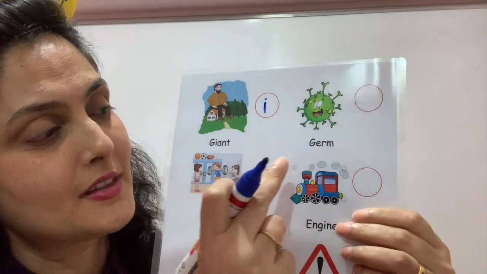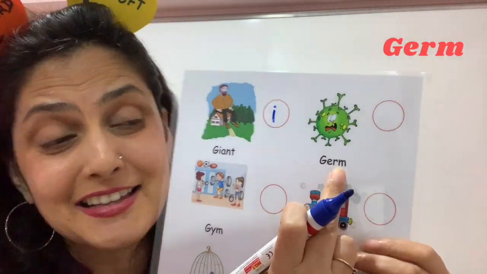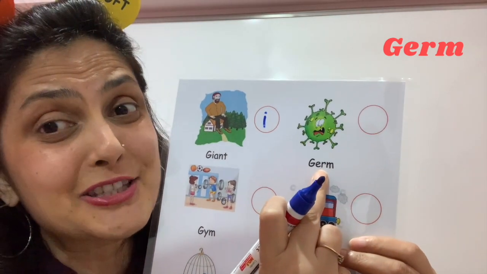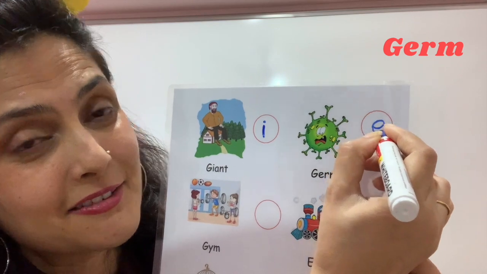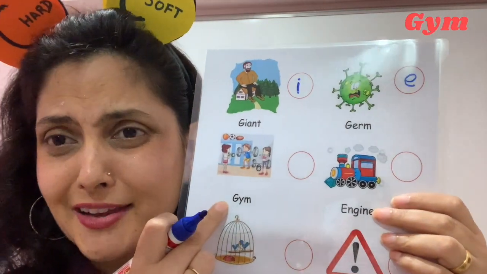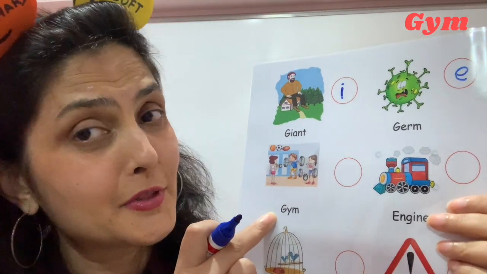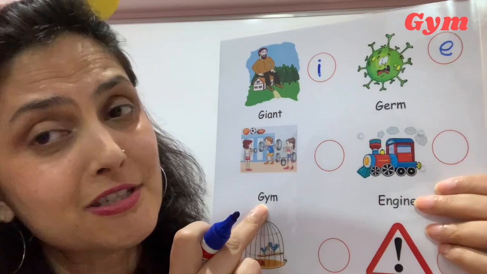And what is this word? Giant. Now what is this? Germs. What comes next to G? An E. Let's look at this. Gym. Yeah, you're going to go to a gym when you grow up and you're going to get strong. Gym. What comes next to the G?